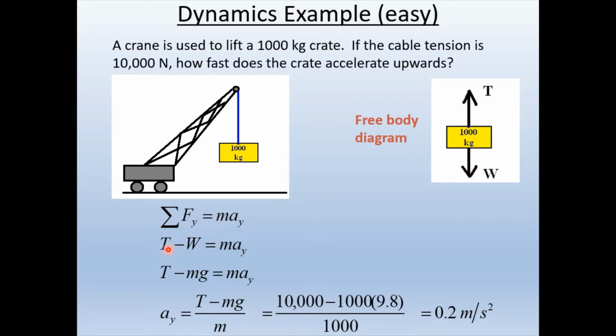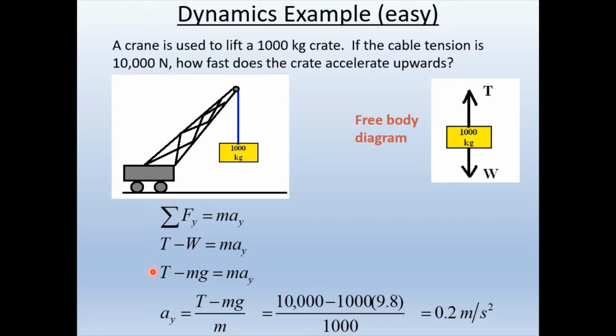So we have to subtract those two forces because they're working in opposite directions. We don't add them because they're not working in the same direction. So we have tension minus weight is equal to ma. The weight force, remember, is always equal to mass times g, mg. So our equation now looks like T minus mg equals ma.